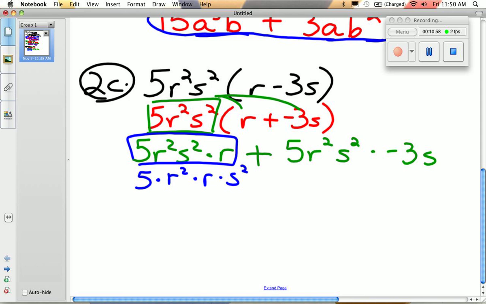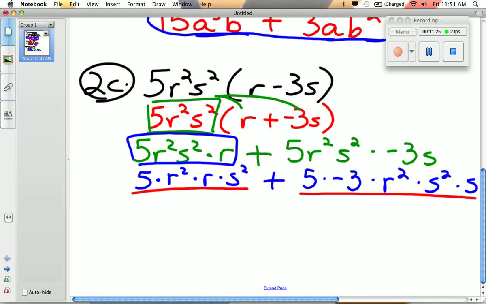R's come before S's. And then in this one we have a 5 that can be multiplied times a negative 3. We don't have any other R's except that r squared. We have an s squared, and we have an s. So again, all we did was rearrange. So we have a multiplication here, we have a multiplication here.